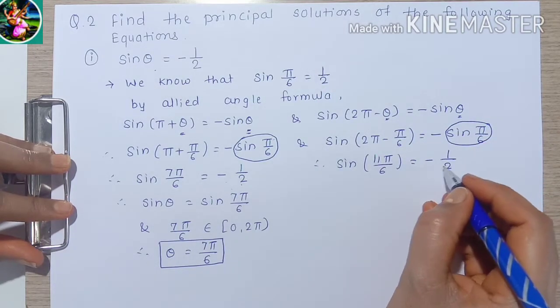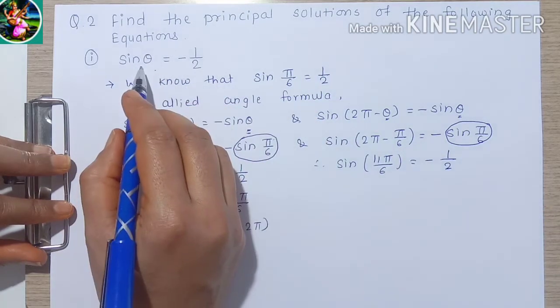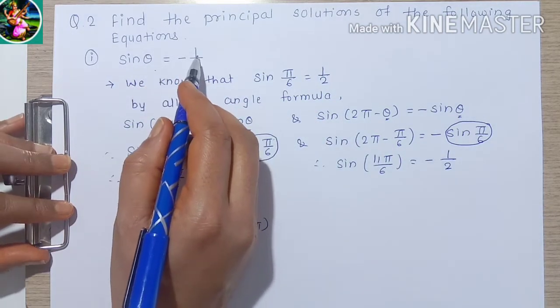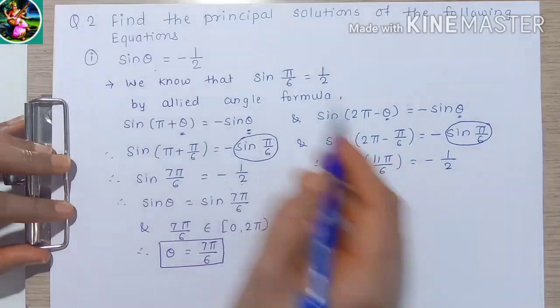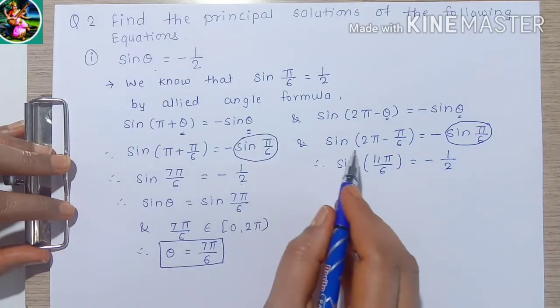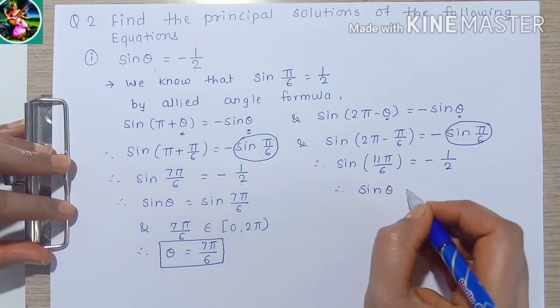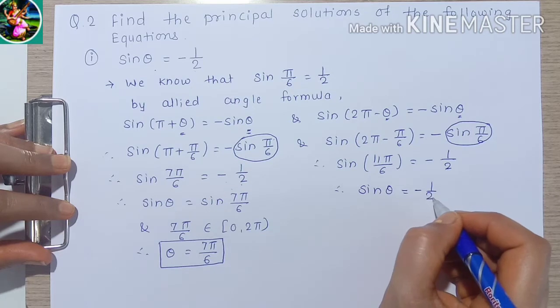Therefore, in the right hand side, here we get minus 1 upon 2, and here also sin theta is equal to minus 1 upon 2. Both the right hand sides are equal, therefore we write the equality of their left hand sides, that is sin theta is equal to minus 1 upon 2.